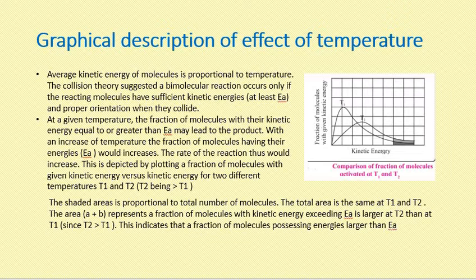It shows that the fraction of molecules possessing energy larger than the activation energy increases due to the increase of temperature. So, the rate of reaction is also increased. So, this is all about it. Thank you.